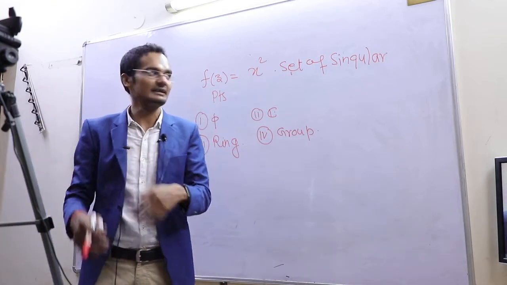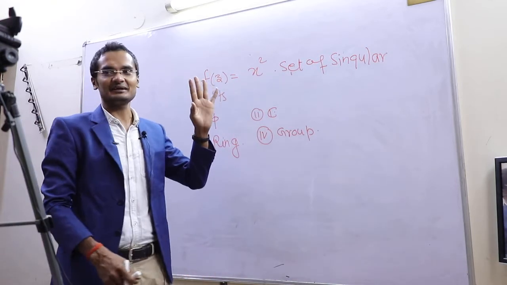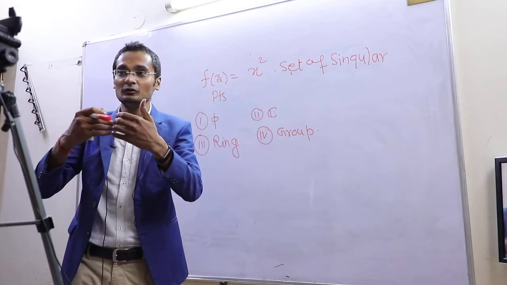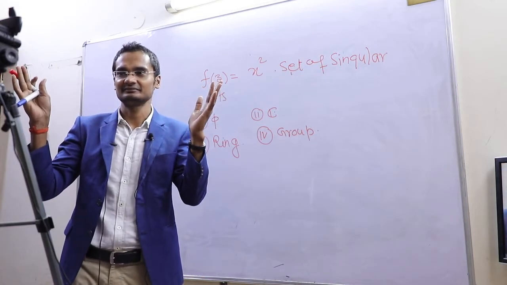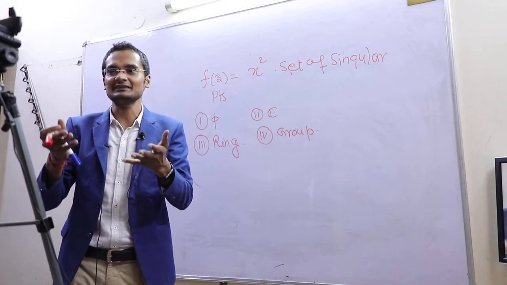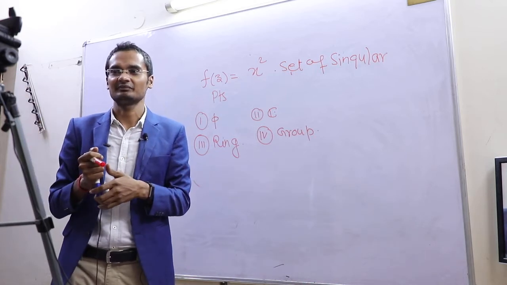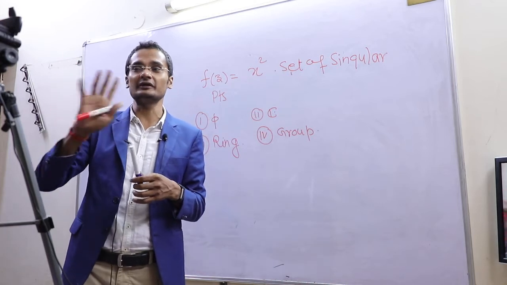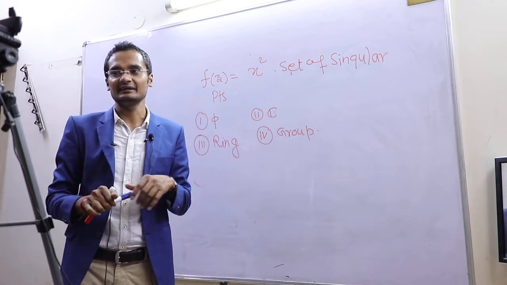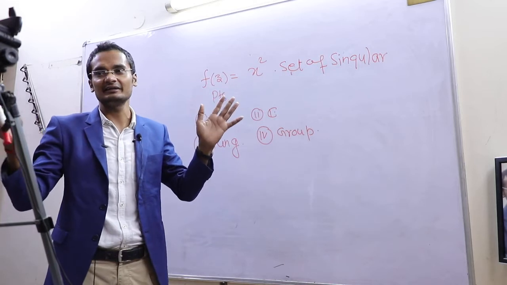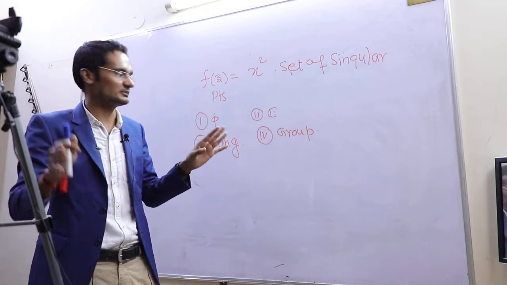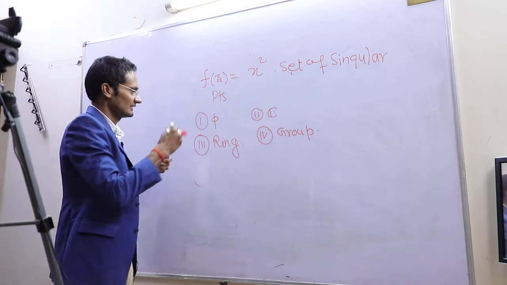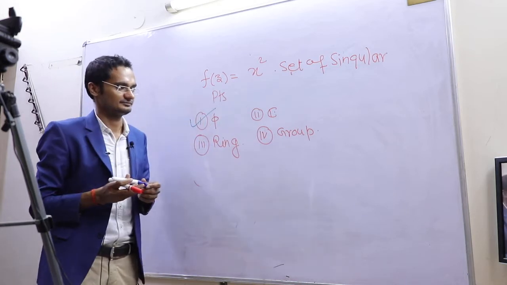We notice that the function f(z) equal to x square is nowhere analytic, so the function has no singularity, because a puncture is possible only where the function is analytic around it. This function is nowhere analytic, therefore no puncture is possible. So, the first option is the correct one.